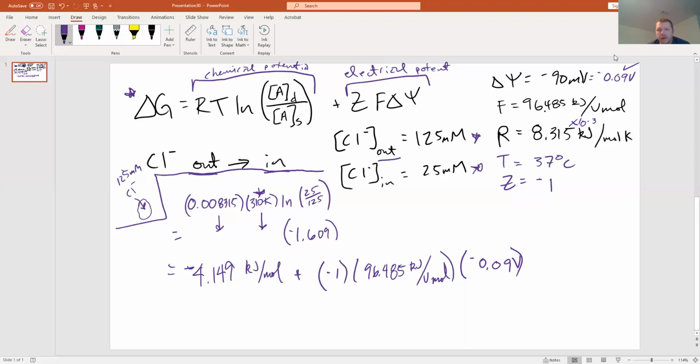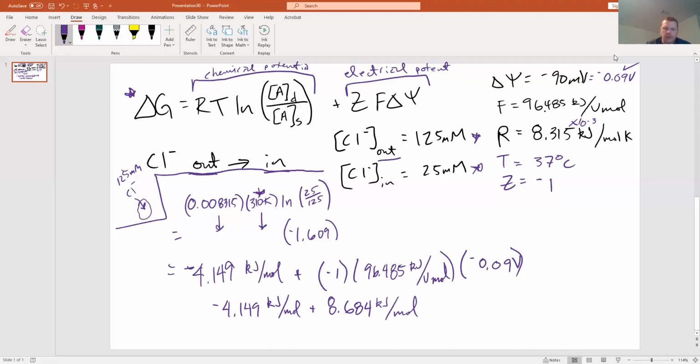And remember, we've got a negative value here and a negative value here. What's going to happen with those two negative values? They cancel one another out. So this is negative 4.149 kilojoules per mole, plus this is a positive 8.684 kilojoules per mole.